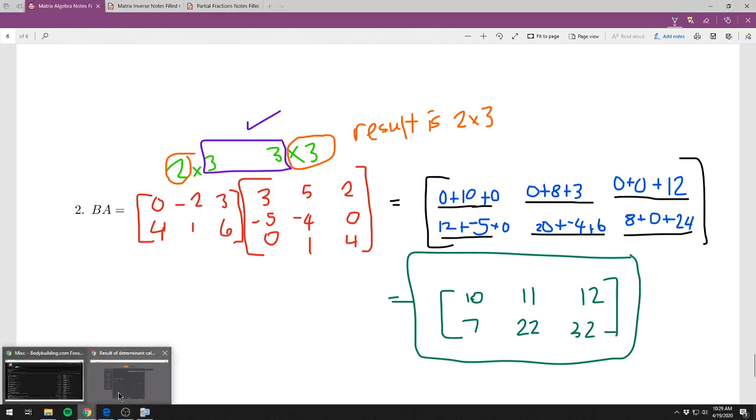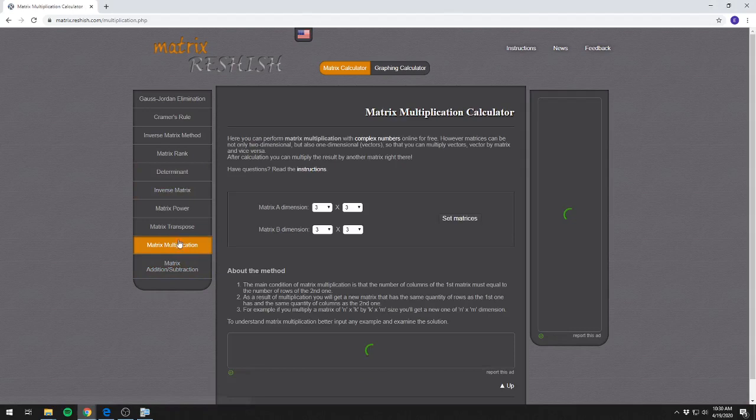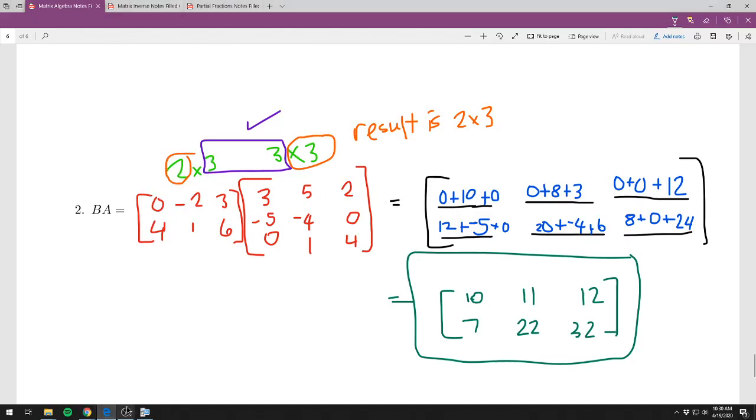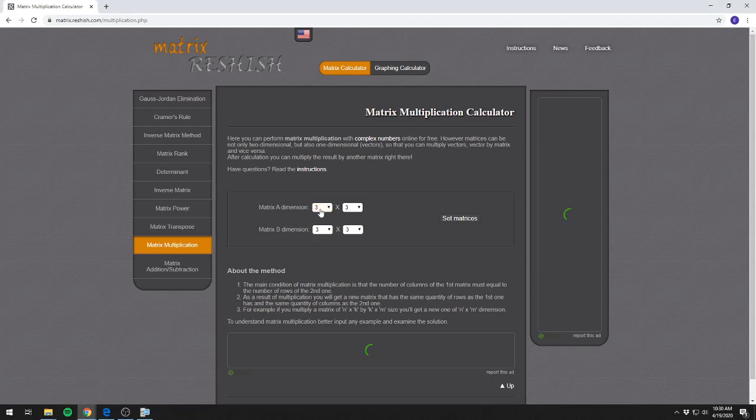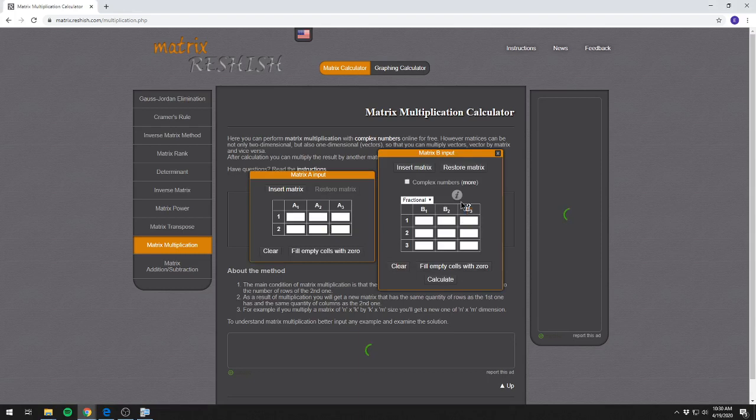When we go to the online calculator, go to matrix multiplication. Matrix A dimension, this is the one on the left. Our matrix A, the one on the left, was a 2 by 3 matrix. And matrix B on the right was a 3 by 3 matrix. All right, so that one's already set up for us. We set our matrices and then fill them out.